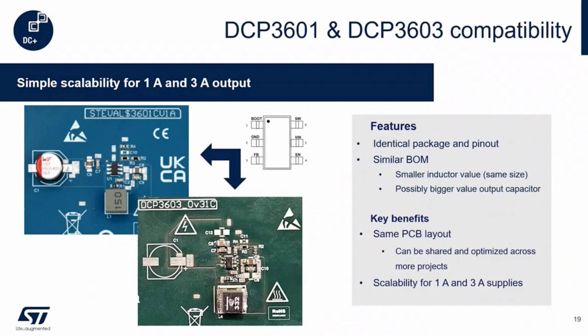And you can see still very, very tight solution size for both the 3601 and 3603. You can use the same layout, even the same BOM, while considering the limitations of both devices.